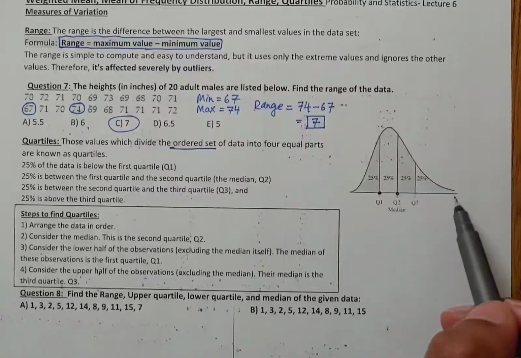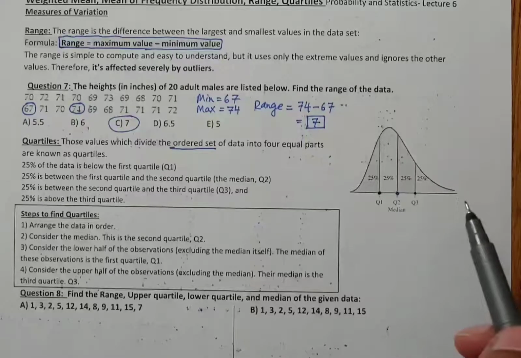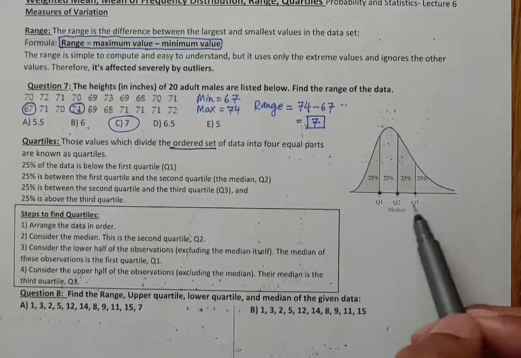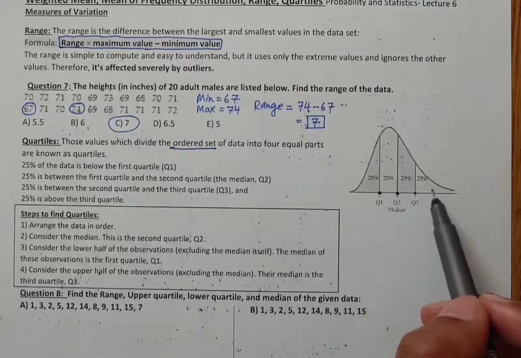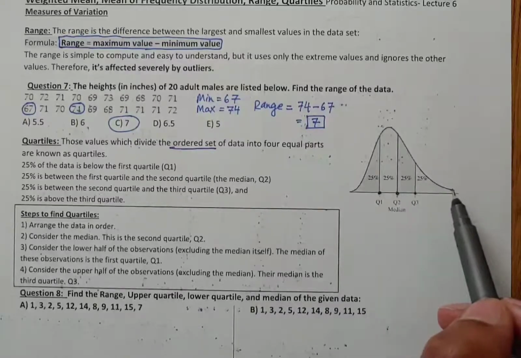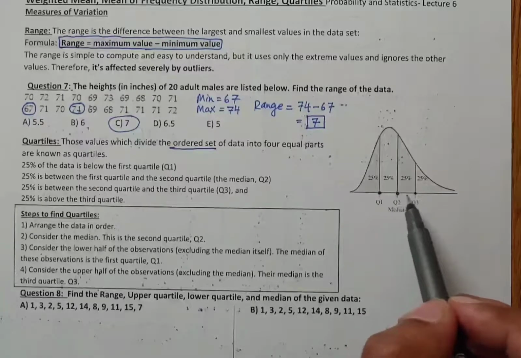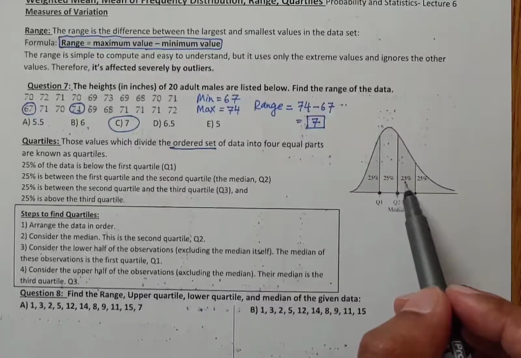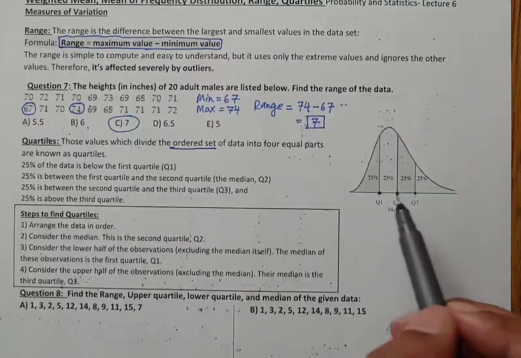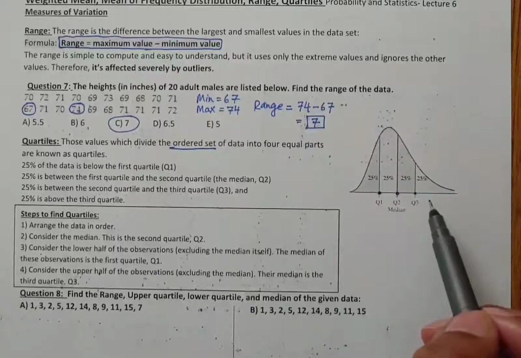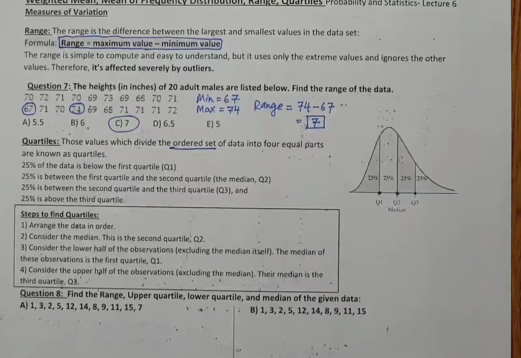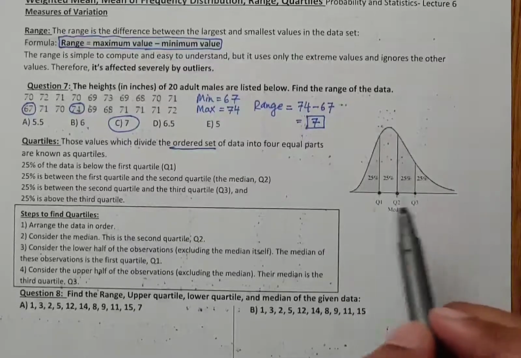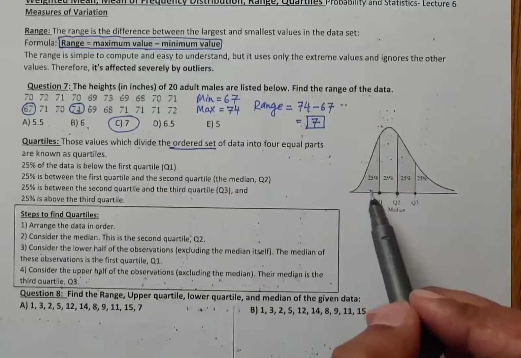Take the second half and find the middle number again; that is the third quartile. So these three numbers divide the data into 25% each, and they are called quartiles, just like we have 4 quarters in $1. We have data and we get 1/4 of each.